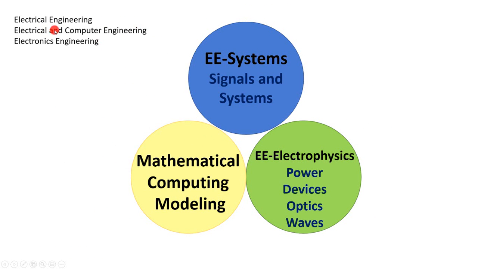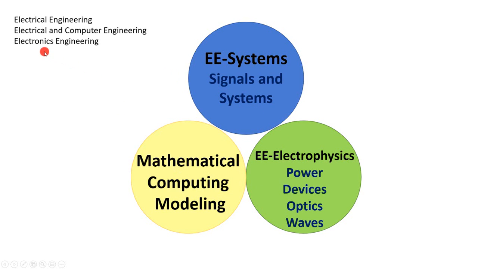So electrical engineering, electrical and computer engineering, and electronic engineering sometimes are similar. And EE system means signal and system. And electrophysics means power, device, optics, and waves. And you need to learn the mathematical modeling as well. So you need to learn all of these in electrical engineering majors.